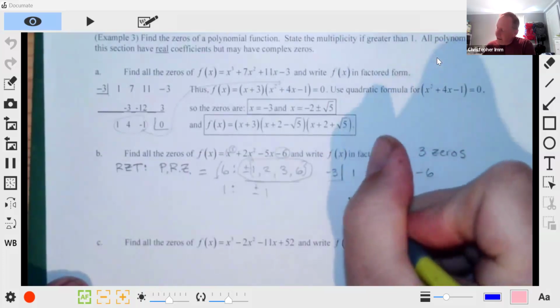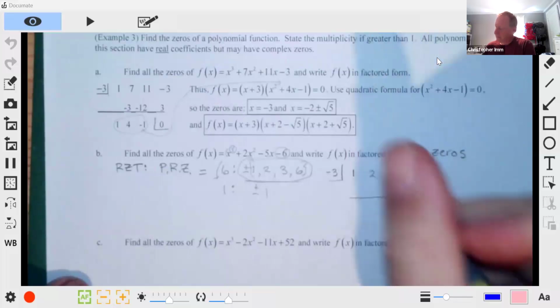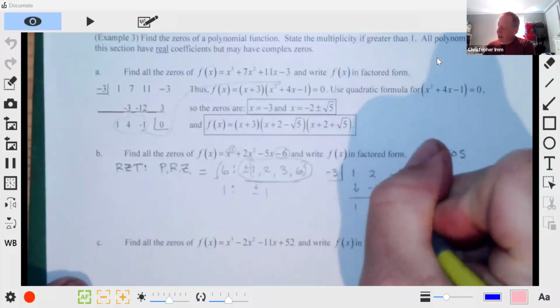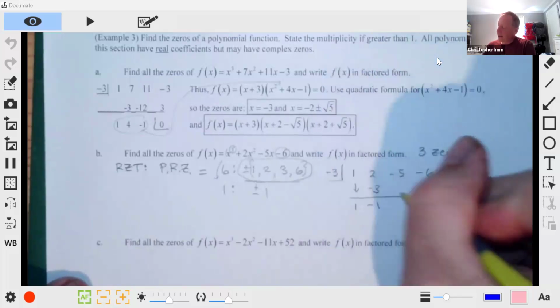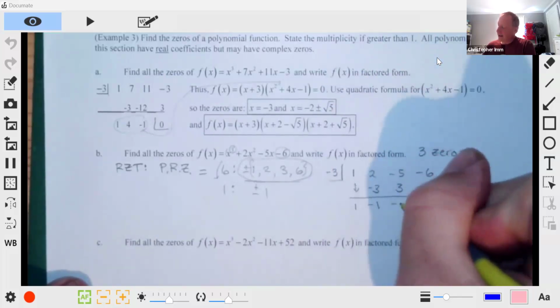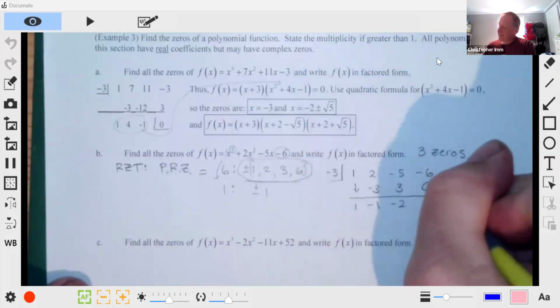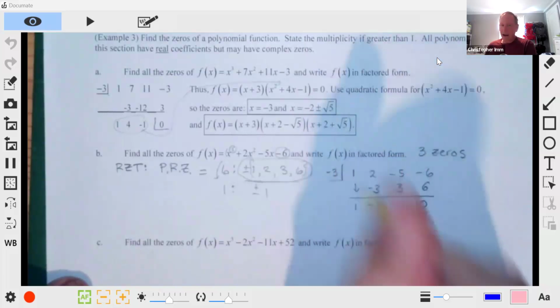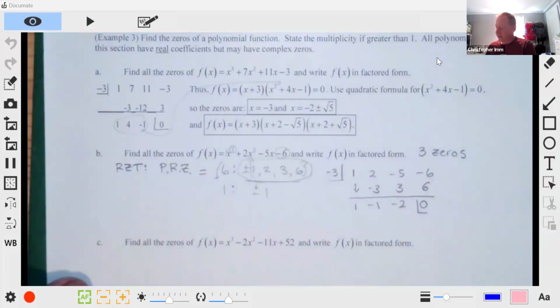So I'm going to try to factor this down by synthetic division. Bring down my 1 times -3, add, multiply, add, multiply, add, and I get this 0.